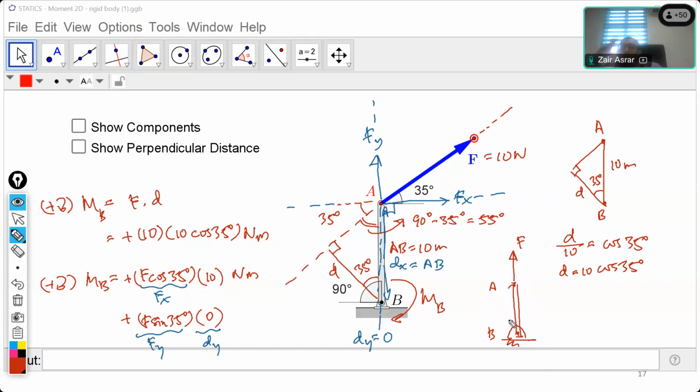Imagine you have something like this. I don't know whether you can see my video feed or not. I'm holding my marker, something like this.